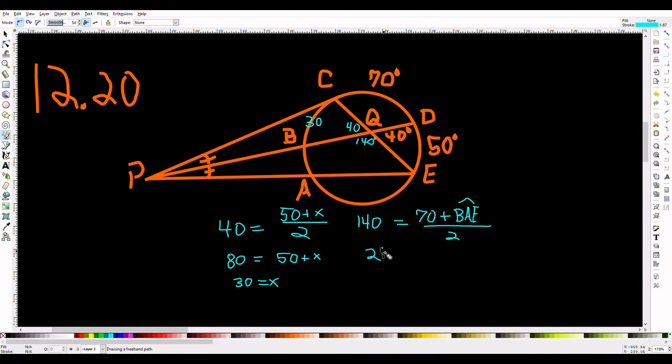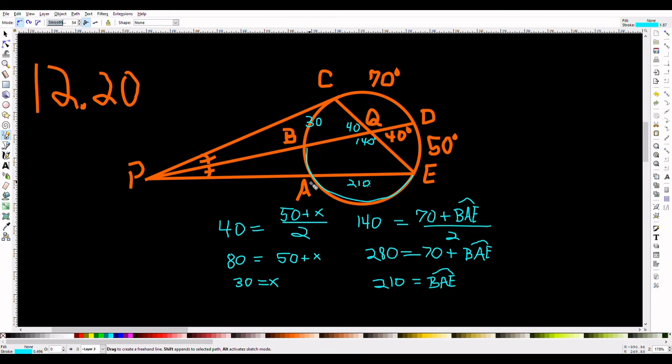And that gives me 280 degrees equals 70 minus arc BAE plus arc BAE. And so now I find that 210 is arc BAE. So this whole bit is 210.